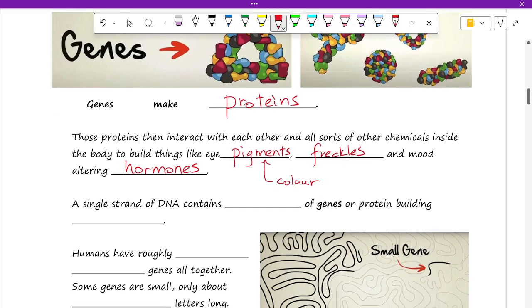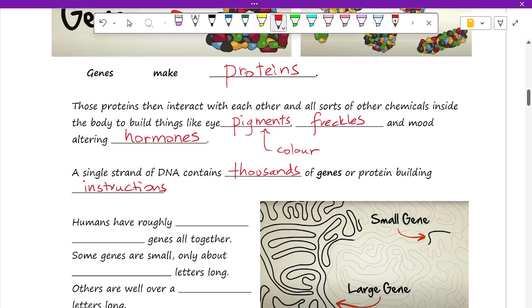A single strand of DNA contains thousands of genes, or protein building instructions, or recipes.